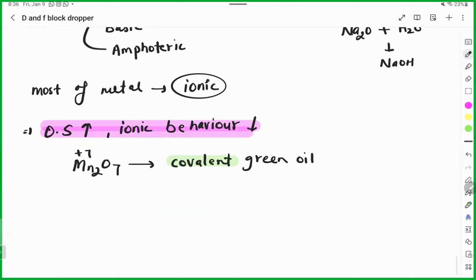So tell me, can it be acidic also? Samarth, can it be acidic also? I don't think so, sir. No. Yes. If you have a higher oxide, meaning a higher oxidation state, they can show acidic behavior also.